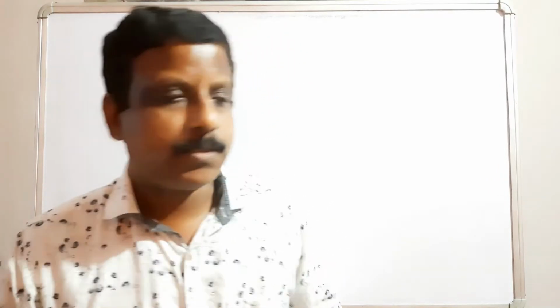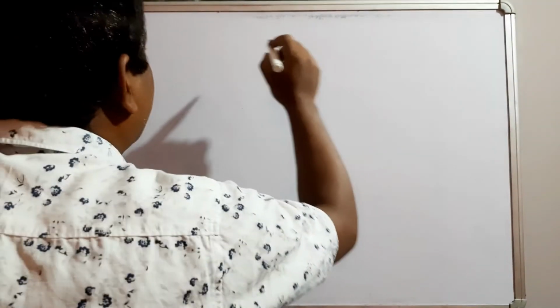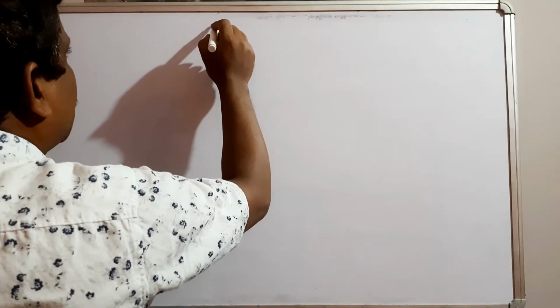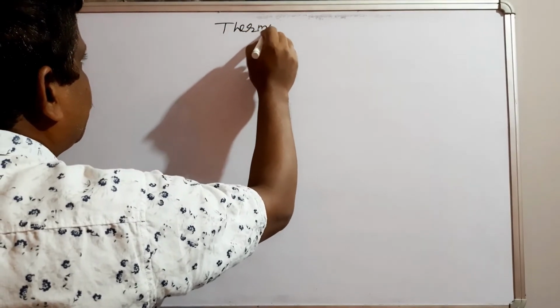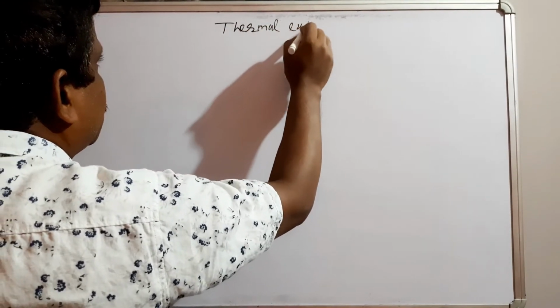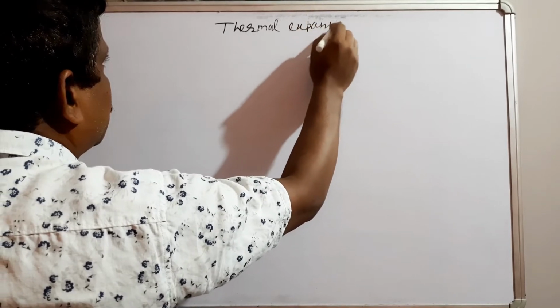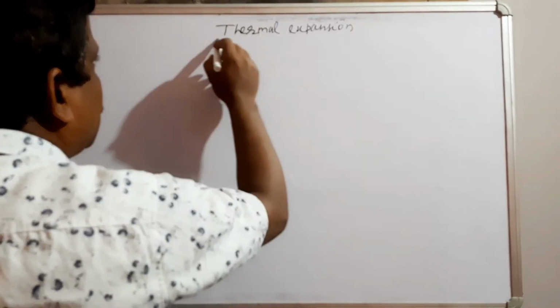There are 3 types of thermal expansion: linear thermal expansion, superficial thermal expansion, and cubical thermal expansion. One by one I will explain. First I am writing thermal expansion.